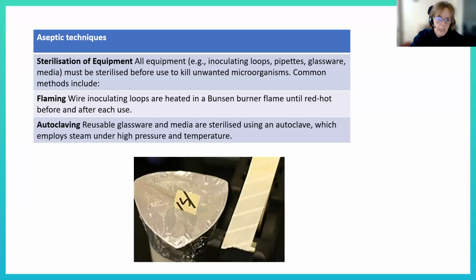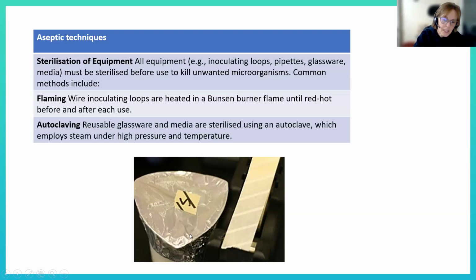So lots of glassware, beakers, conical flasks, test tubes, boiling tubes, they all get autoclaved. First we wash them in the washing up room. You spend a lot of time washing up when you're a scientist. It's like half your job pretty much. You wash them, you put them on the draining rack so they dry, and then you put them into the autoclave.